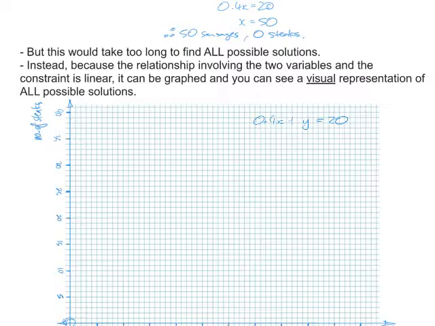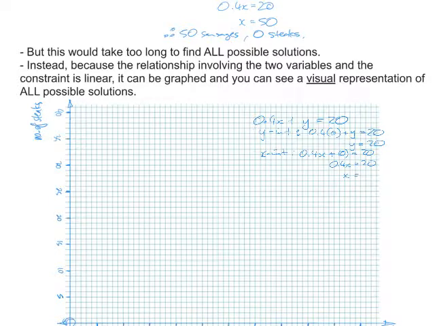Well, the y-intercept is when x is equal to 0. 0.4 times 0 plus y is equal to 20. y is equal to 20. Your y-intercept is at 20. The x-intercept is when y is equal to 0. 0.4x plus 0 is equal to 20. 0.4x equals 20.